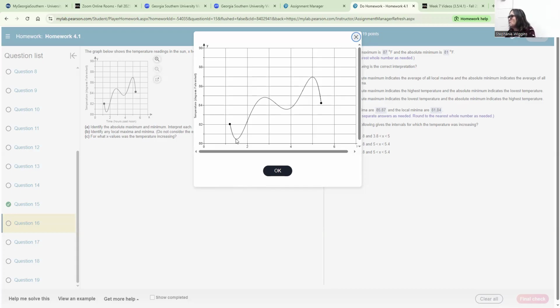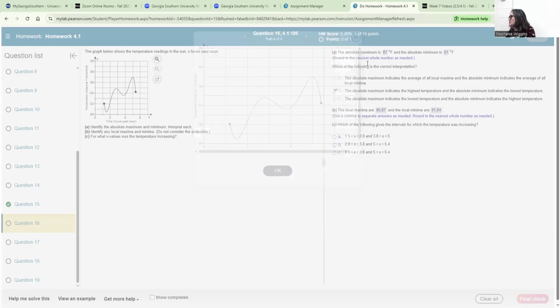So we're looking from about 1.5 up to about 2.8, and then from it looks like 3.8 to about 5.